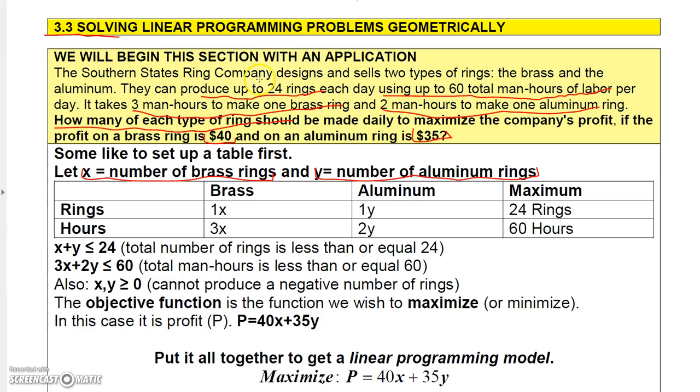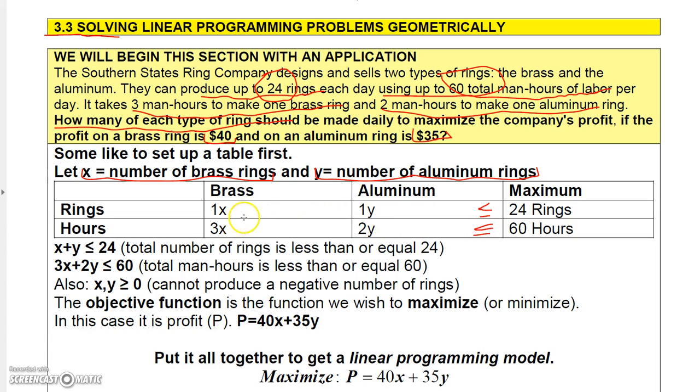I have to stay within a total of 24 rings per day, and I have to stay within a total of 60 man-hours per day. So I know that the total number of rings I produce must be less than or equal to 24, and the total number of man-hours must be less than or equal to 60.